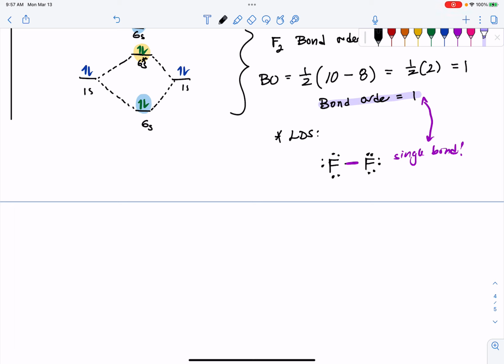So we'll have our tetrahedral arrangement of our hybrid orbitals from each of our fluorines, where in this overlap region, this is where we create our bond, and everything else contains our lone pairs.